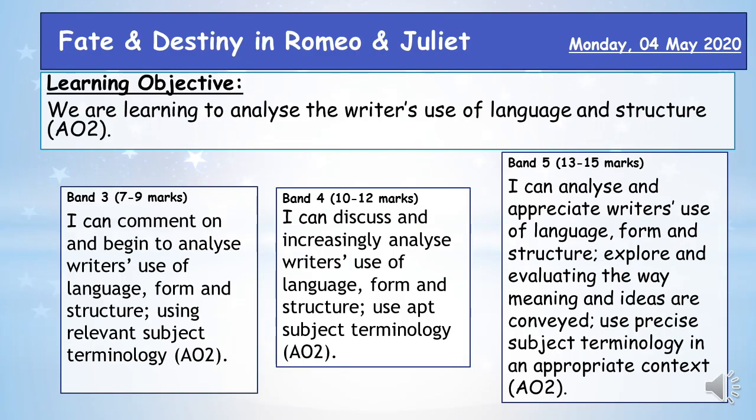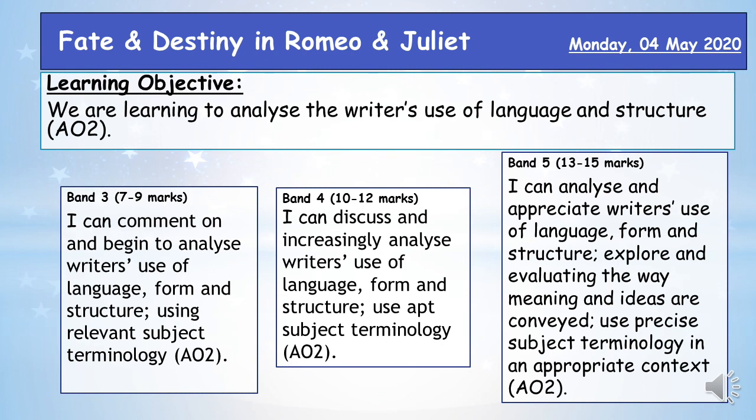Okay, so just when I talked to you yesterday, or rather last lesson, about the writer's use of language and structure, that is what we're going to focus on. And you've got your top 3 bands there, which I'm not going to go over again, but just very quickly, the idea that in band 3 you can comment and begin to analyse.